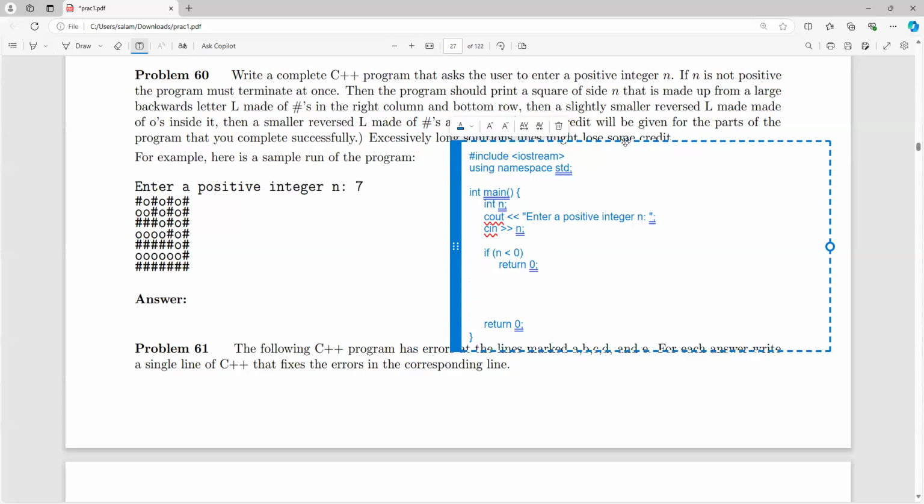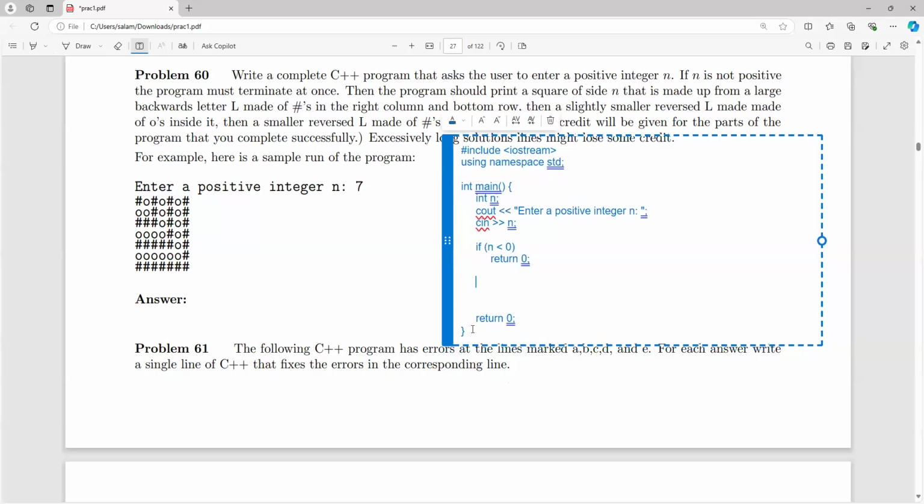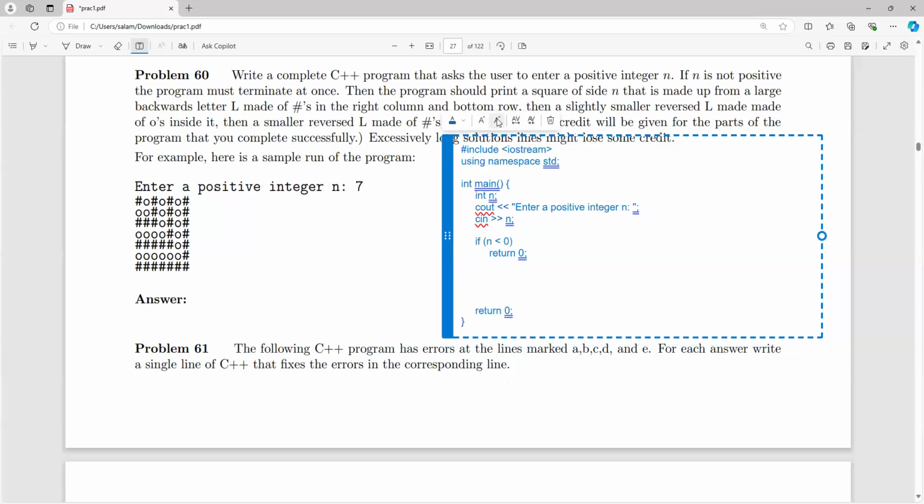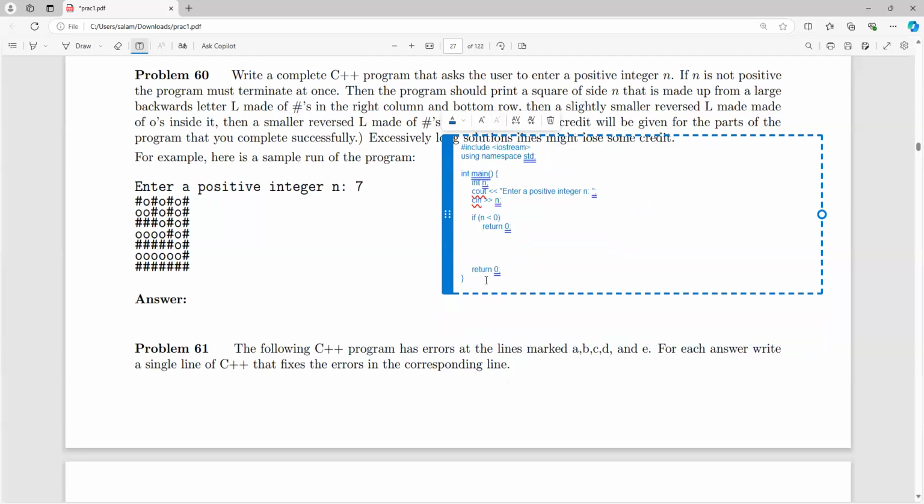Now comes the difficult part. Everyone's still able to see the writing? Just making it a bit small so I can fit more. So we want to go for int r. Let's do r equals 0, r is less than n, r plus plus. Like I said, always get the stuff you could do easy out of the way.